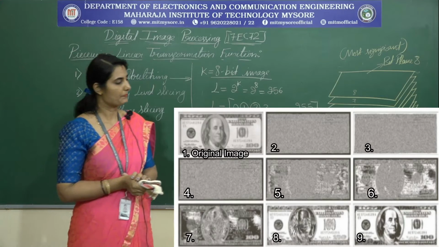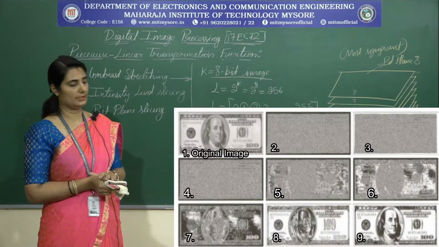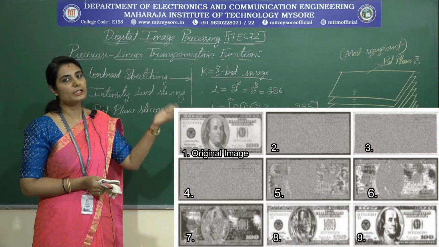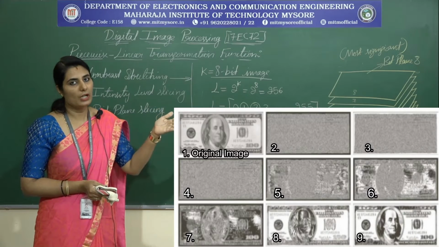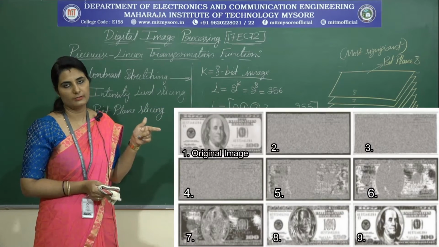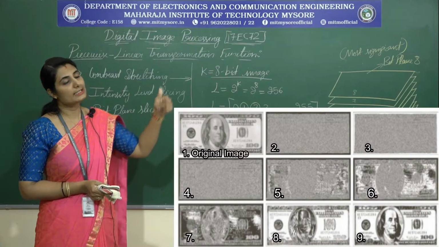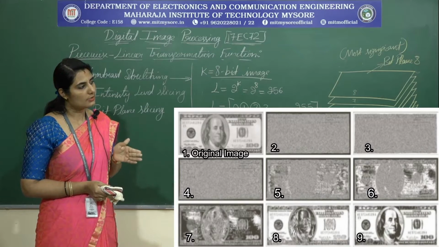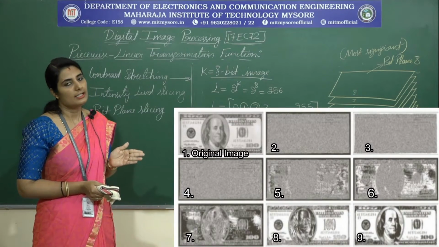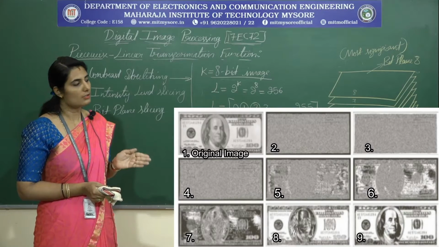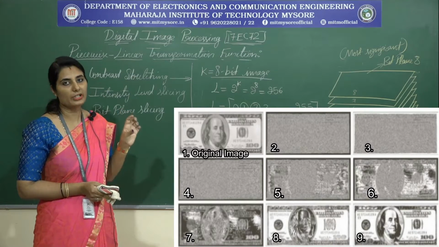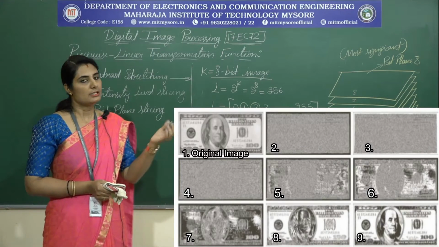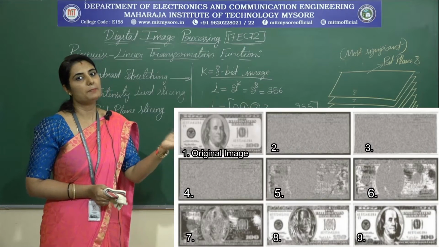So look at this figure. Here in figure 1, this is the grayscale original image, and figure 2 represents bit plane 1 of this original image, and figure 3 represents bit plane 2. In the next row, the first, figure 4, represents bit plane 3 of the original image, whereas the last figure represents bit plane 8.